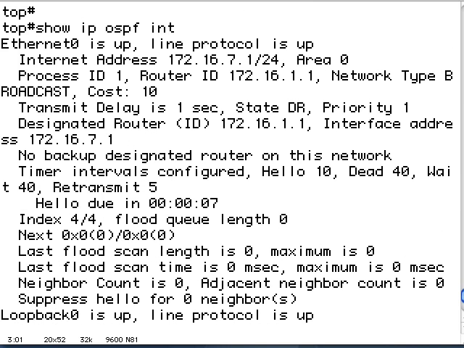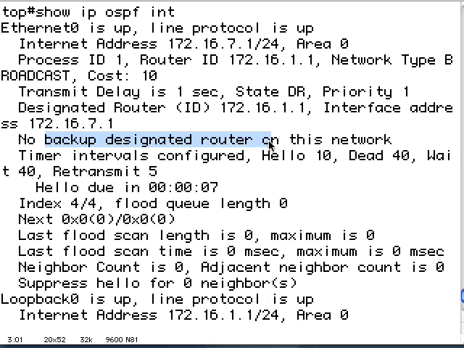Okay, but it's a new network type, broadcast, with different rules, including a designated router. There's a designated router priority, which 1 is default. There's no backup designated router because I only have 1 router on this network with OSPF configured.